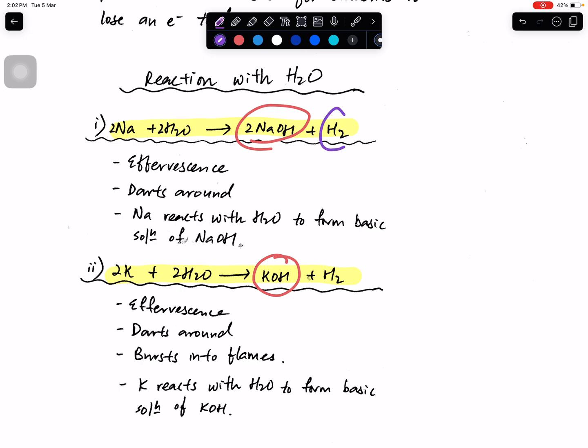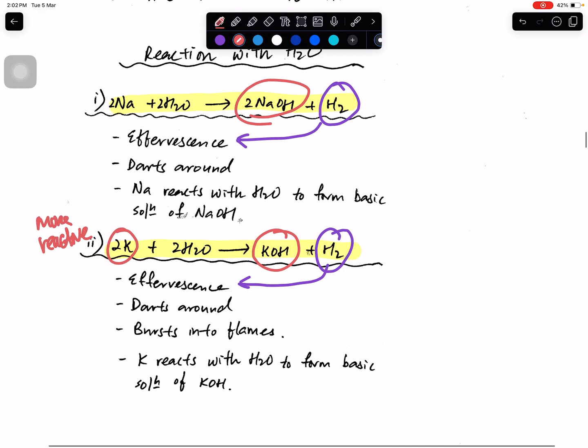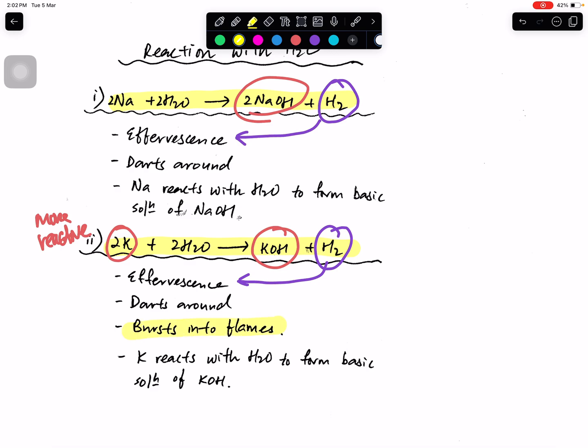The next thing here is your hydrogen, H2, which will be responsible for the effervescence. But you will notice here that K is actually more reactive. So if K is more reactive, what you need to do is exaggerate your reaction a little bit more, so you can see that it will burst into flames.